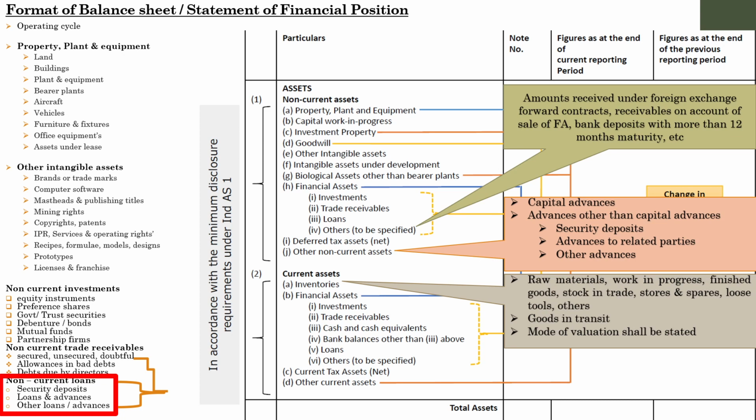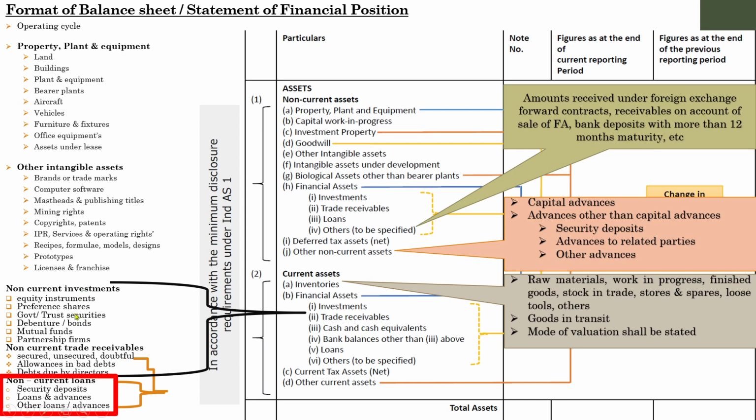The only thing is that all the items under the non-current investments and all the items under the non-current trade receivables will also come under the investments and trade receivables. How these items again come under investments and trade receivables, that specifically comes under the current assets category.